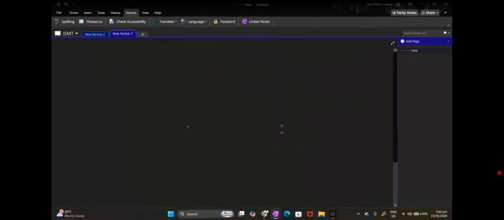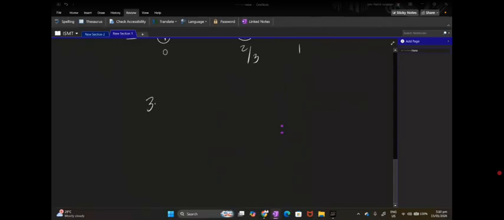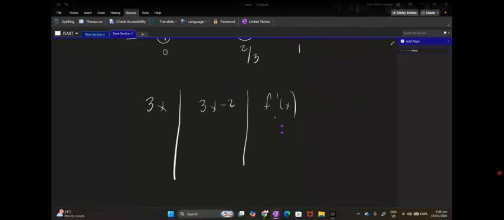So, gagawin lang natin siyang table: 3x, 3x minus 2, and yung first derivative, if it's increasing or decreasing.